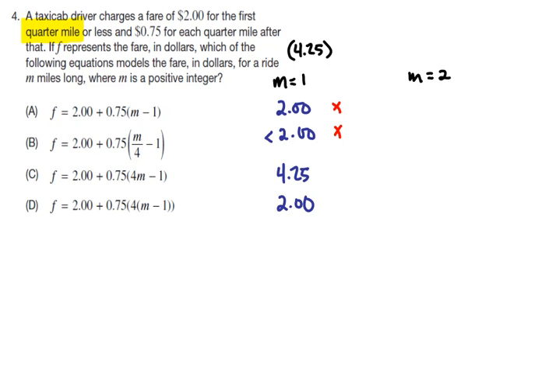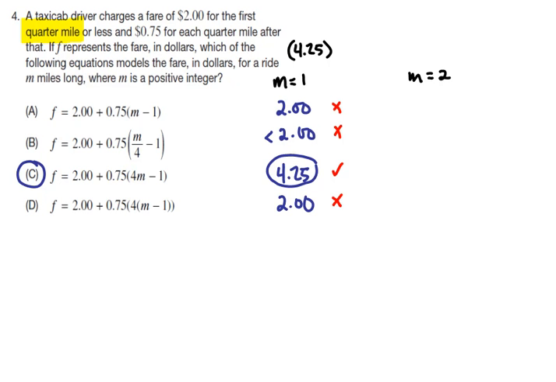So we take our number 1 and we plug it in there, or we try to figure out based on the actual problem what the cost should be. We came up with $4.25, and then we plugged in that value into each of the formulas, and we came up with only one of them matching the value. And so C had to be the answer there. Only one of them gave us the $4.25 charge that we should have gotten.